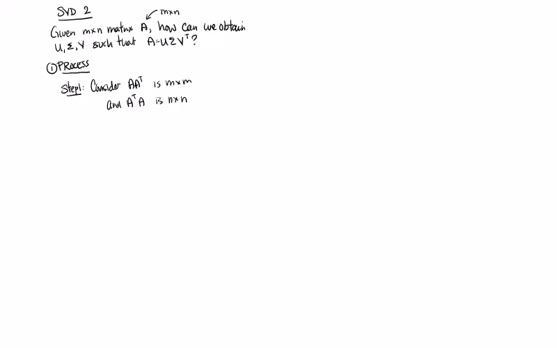So it turns out that by the spectral theorem, probably the biggest first huge theorem in linear algebra, A A transpose has m eigenvalues up to multiplicity and m perpendicular eigenvectors.